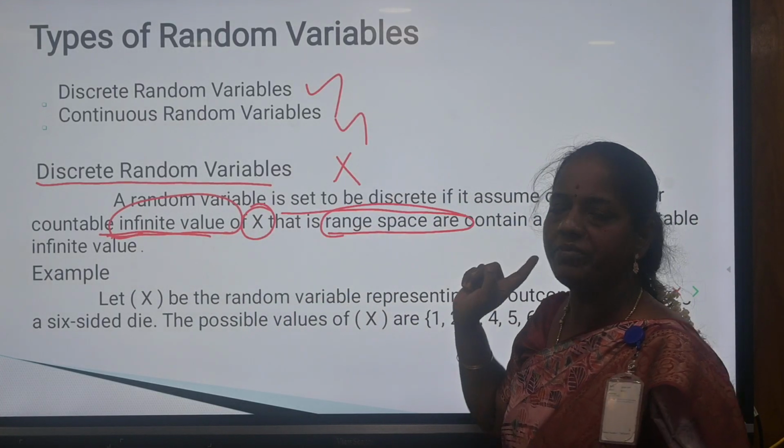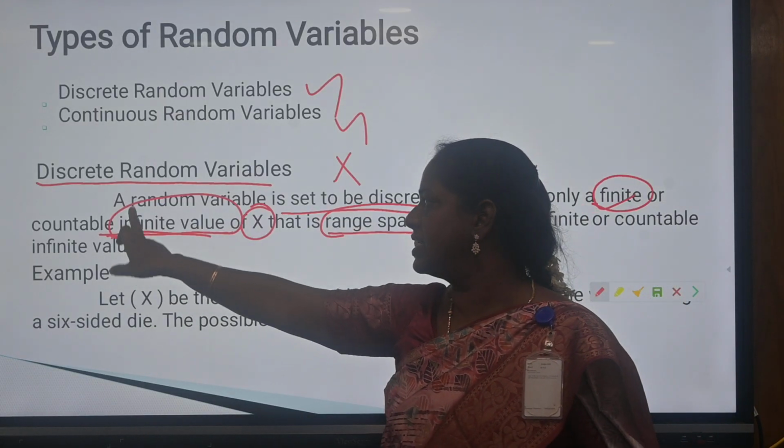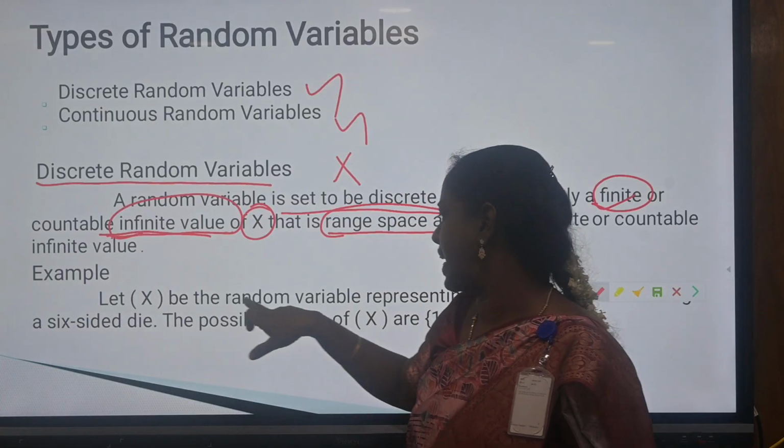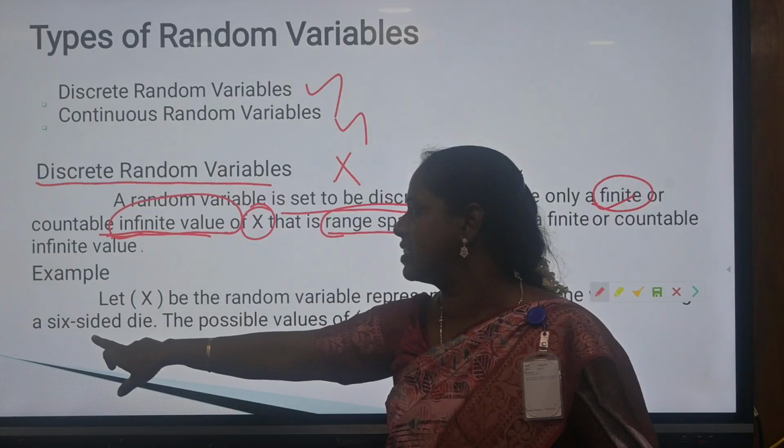That type of random variable is called a discrete random variable. An example is: let X be the random variable representing the outcomes of a six-sided die.